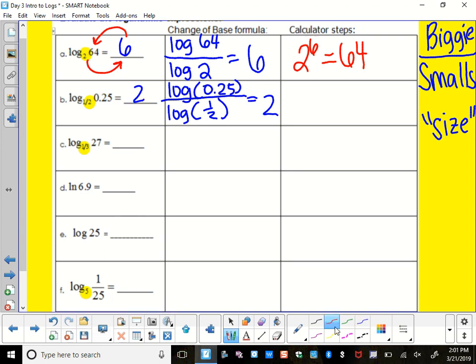If we're going to practice our spin cycle, my calculator steps, my base goes first. What's the base? 1 over 2, which is 1/2, to the power of what? Oh, whoa, I did that wrong. To the power of 2. And your answer is what, Eric? 0.25. Good. If you check that in your calculator, you would see that it's correct.